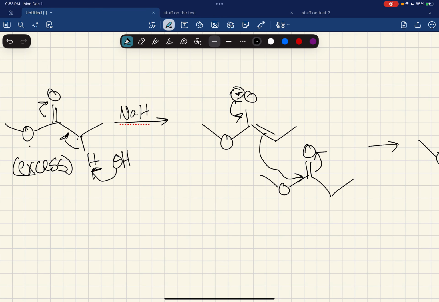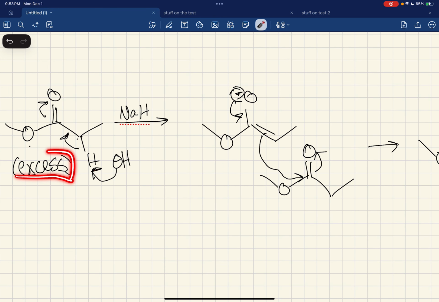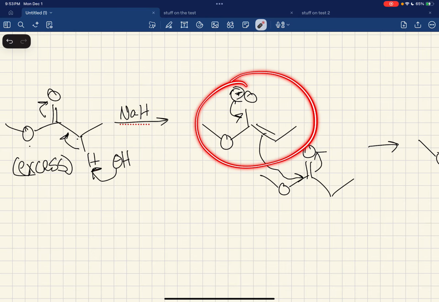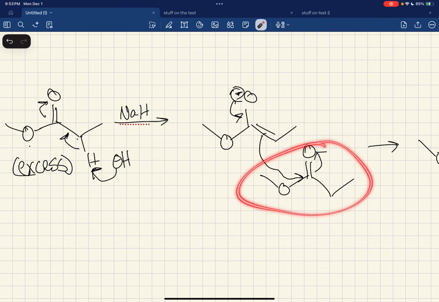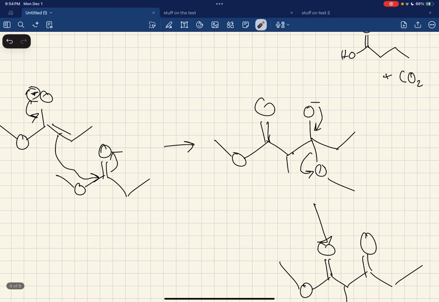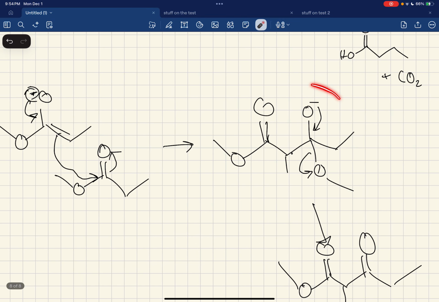And then you see that this is an excess right here. There's excess of that. So you can then assume that, once again, this is going to act in sort of like the aldol reaction. This is going to act as the nucleophile, and this is going to act as the electrophile, the excess. And it's going to come in and attack the most electrophilic carbon. And then it's going to form this structure.